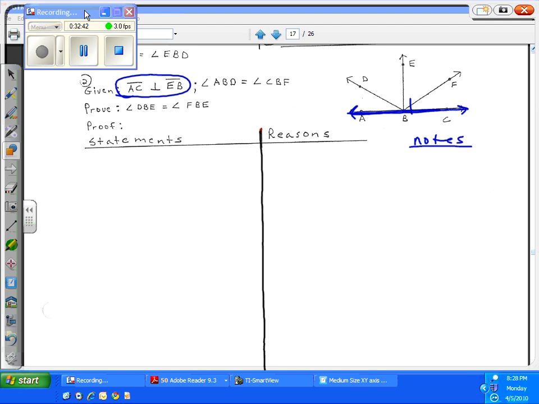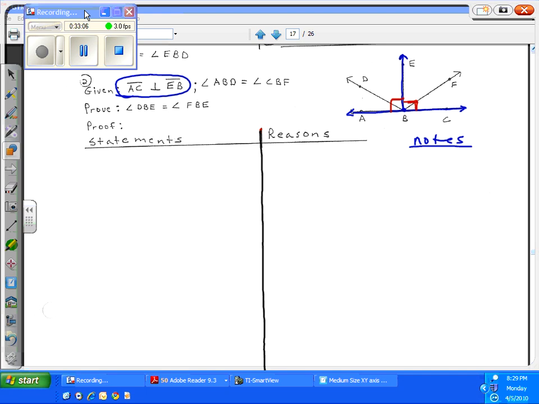Now we've got to know our definitions, postulates, and theorems, as we've said before. AC is perpendicular to EB. We know that perpendicular lines are two lines that intersect to form equal adjacent 90-degree angles.